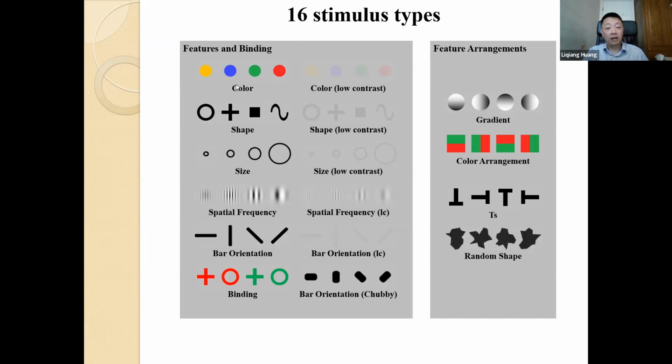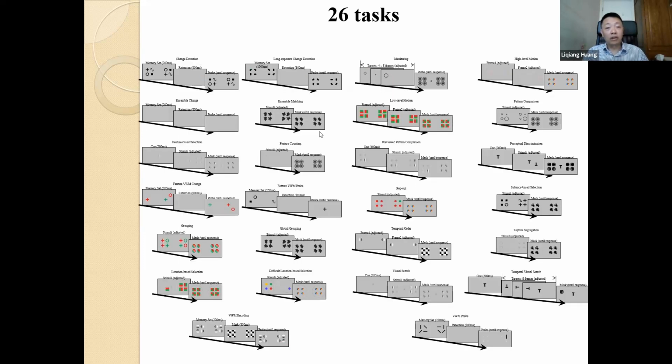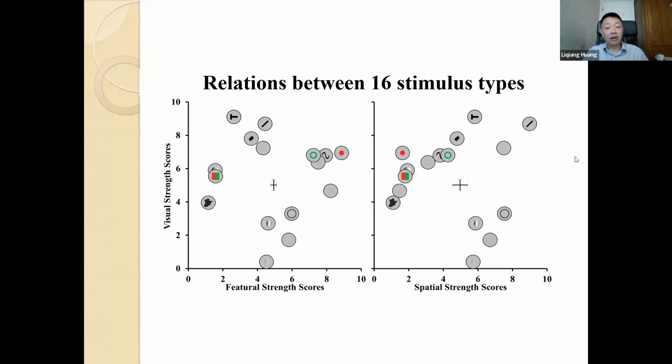Exactly, these are the 16 stimulus types I tried to address, like color, shape, size, spatial frequency, etc., which I tried to cover, all the representative stimulus types in this area, and also all the 26 different tasks in this area. Then this is what I argue is the relationship between the 16 stimulus types.